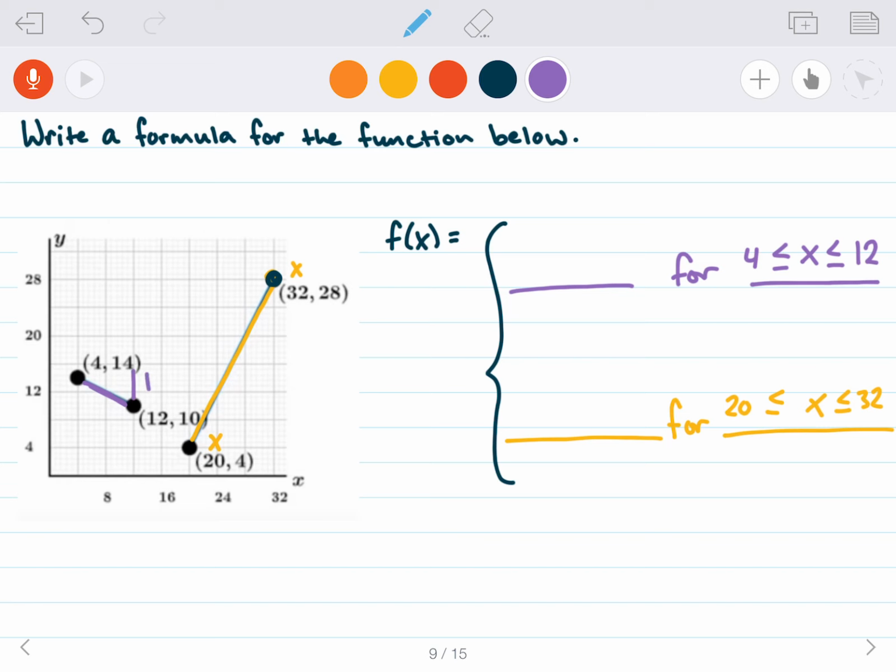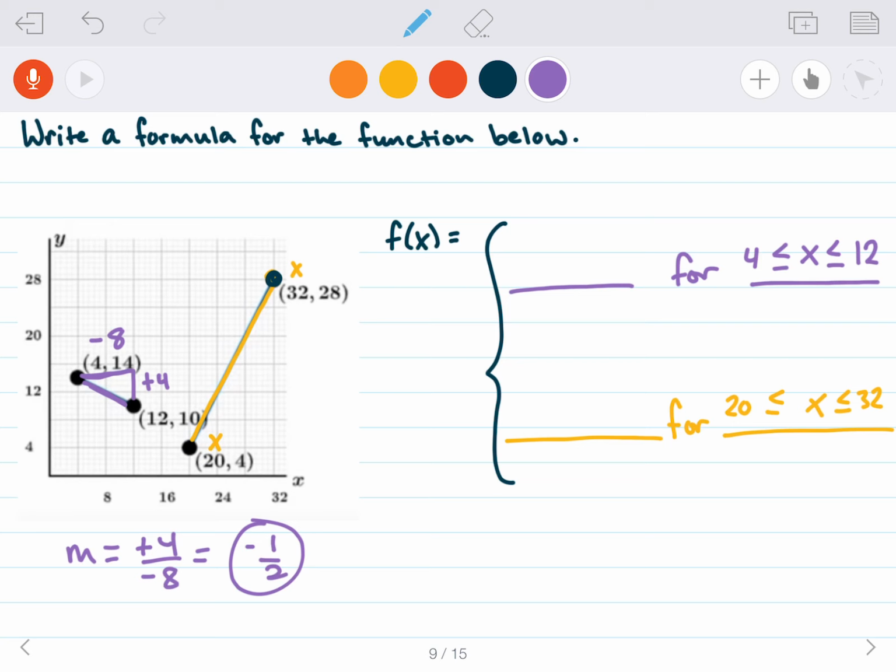I'm rising 4, and then I'm running in the left direction. I'm going from 12 to 4. So I'm actually subtracting 8 from 12 to get to 4. So rise over run is going to be positive 4 over negative 8, and if I divide top and bottom by 4, that's going to be negative 1/2. So my slope here is negative 1/2.